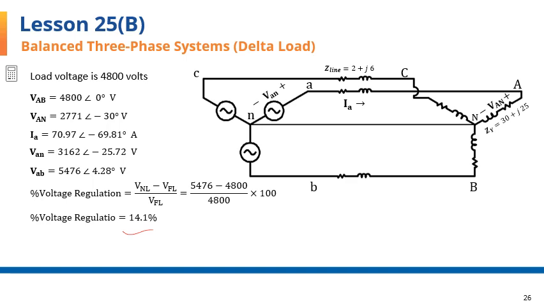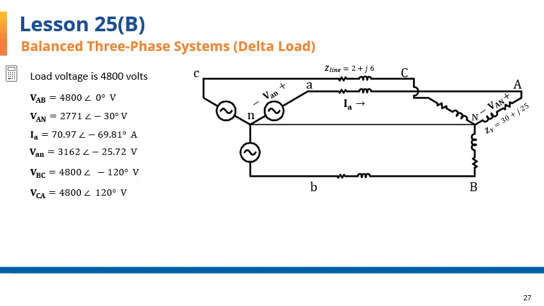If the line to line voltages of the load were required, they can easily be found by rotating the VAB by 120 degrees in the clockwise direction, because we're working with a positive sequence system. So VBC would be 4800 with negative 120, and VCA would be 4800 with positive 120 degrees.